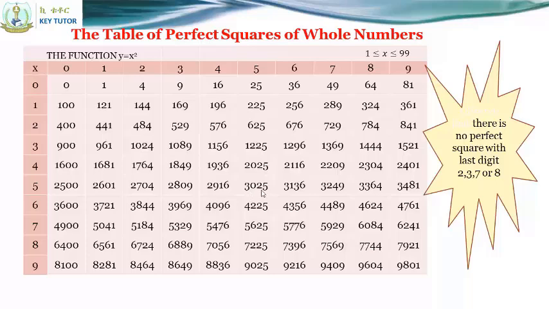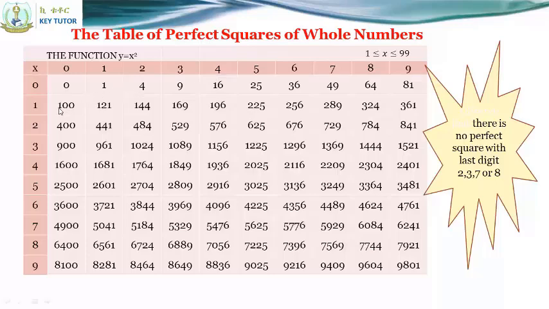Now a little bit more observation. In the column of 0 there are square numbers that end in 2 zeros, but except for these 2 zeros, the hundreds and thousands digits are like the digits in the first row.